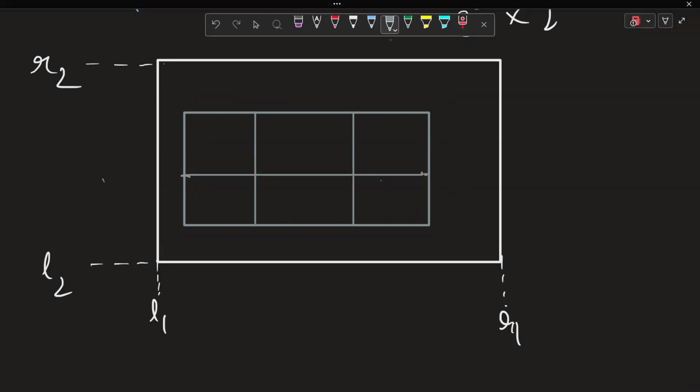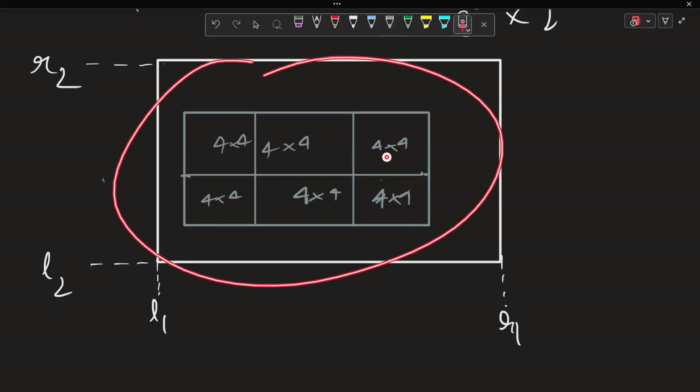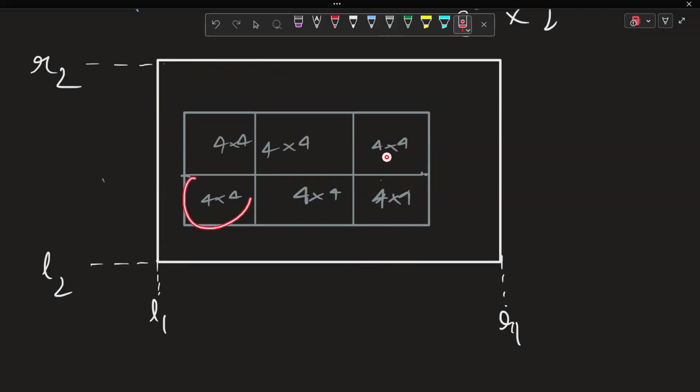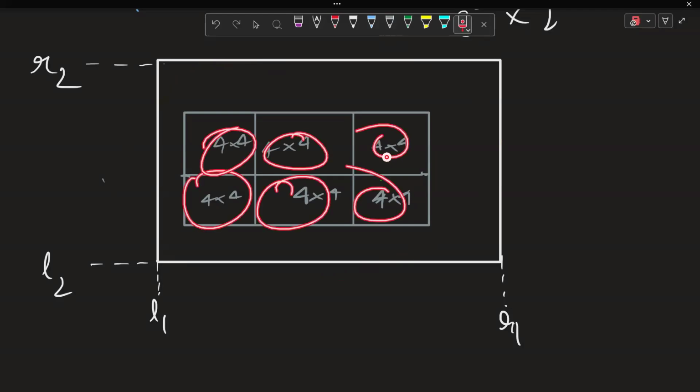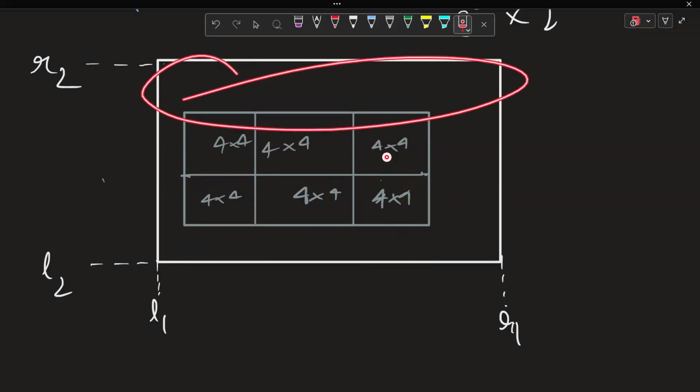Let's say these are some 4 cross 4 squares. In this whole rectangle, you were able to get these 4 cross 4 squares completely, and in all the remaining parts here you were not able to fit any more 4 cross 4 squares.